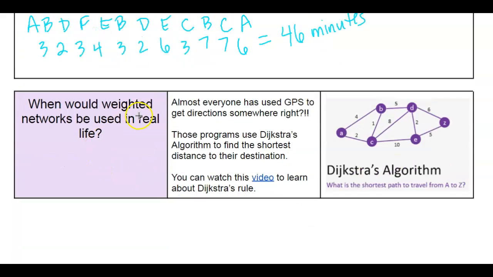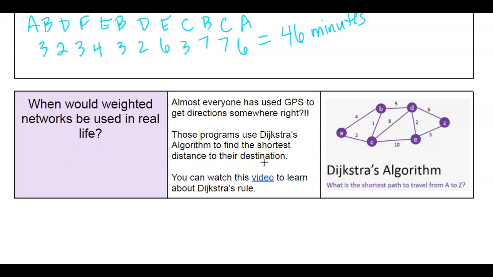All right, so when would weighted networks be used in real life? Well, honestly, this is how I use my Google Maps to go everywhere. This is what's programmed in them. They're calculating all the distances between the locations and intersections, and they give you different options too, and they tell you exactly how long it takes. That's using Dijkstra's algorithm. Dijkstra was a mathematician, and he found the shortest distance between the destination.